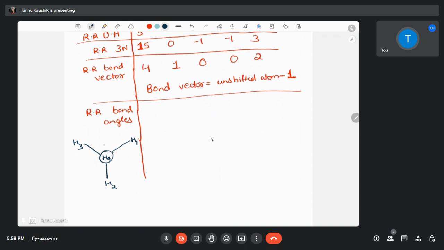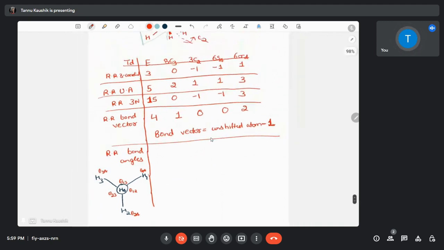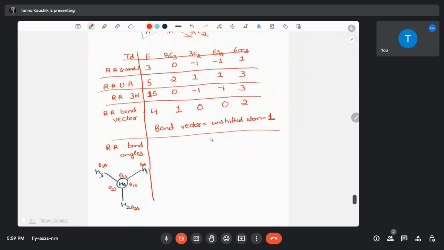So we have bond angles between each of these atoms, which are theta 1 3, theta 1 2, theta 2 3, and each of the atoms has a bond angle with this fourth hydrogen atom. So it will be theta 3 4, theta 1 4, and theta 2 4.